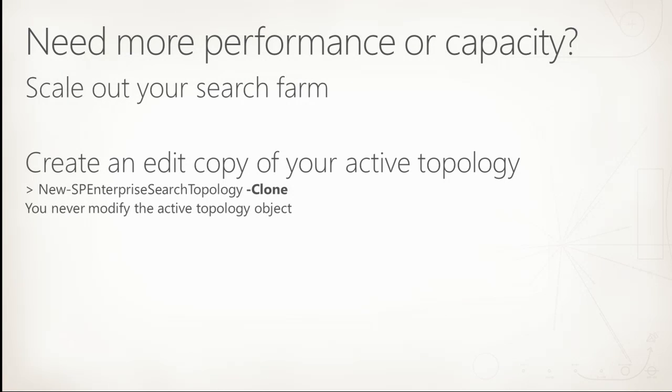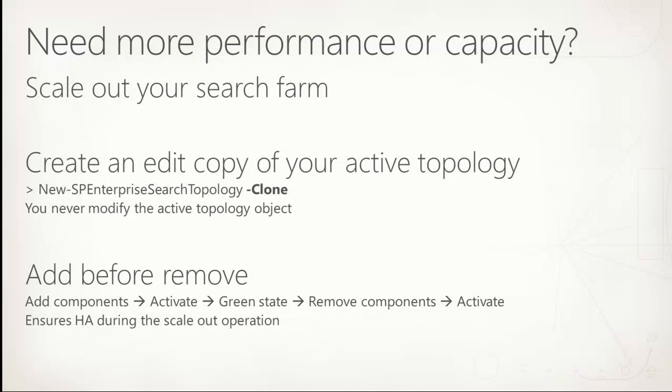And then when you scale out, sometimes you only scale out by adding new components on new servers. In other cases, you want to reshuffle some of the components and move some. If you move components from an existing server to a new one, it's important to do that in 2 steps. That means you add the components on the new servers first and activate that topology.